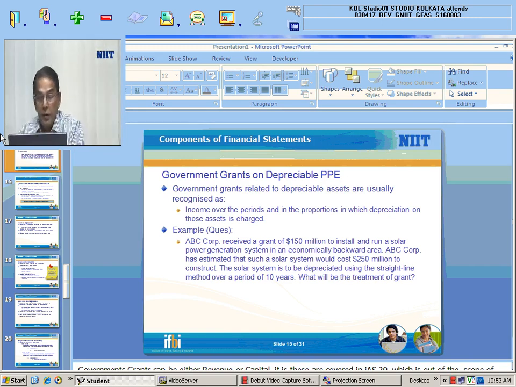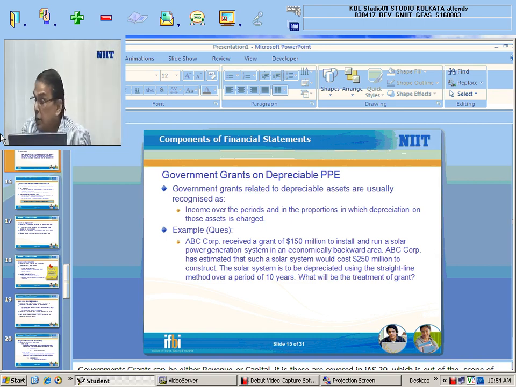Depreciation will be charged over 10 years, each year at the same rate of 25 million. So the government grant of 150 million will be treated as income in the books of ABC Limited, 15 million each year, 1/10 of that, for the next 10 years.